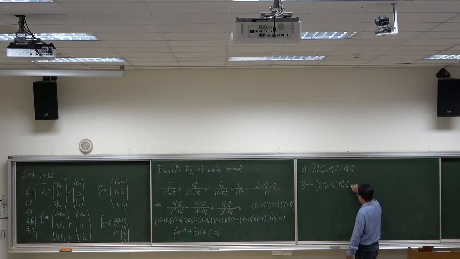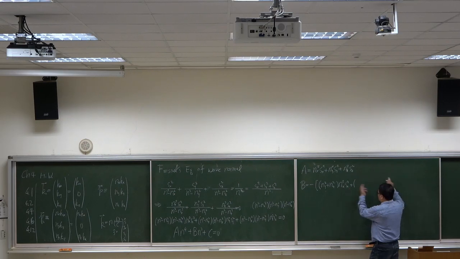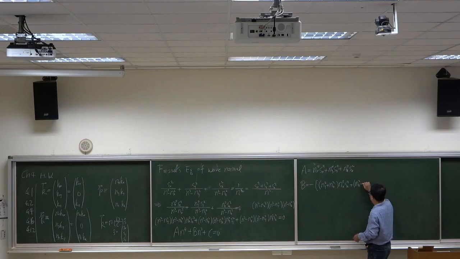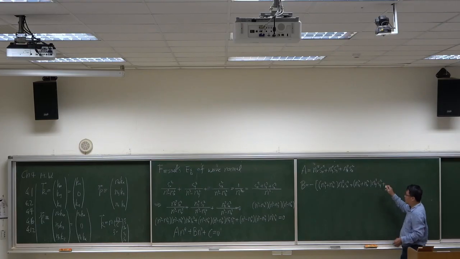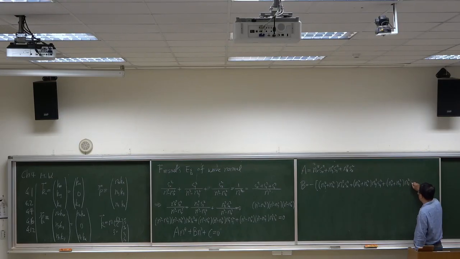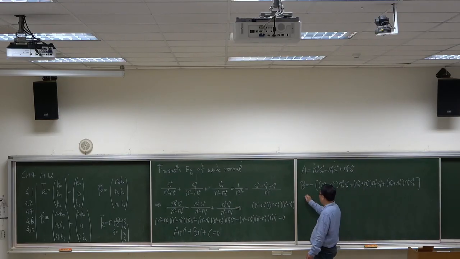The second term is nz squared plus nx squared times ny squared sy squared, and then nx squared plus ny squared times nz squared sz squared. This is the coefficient b, and what is coefficient c?